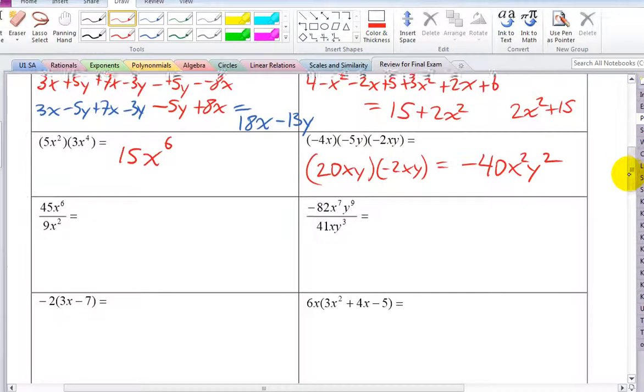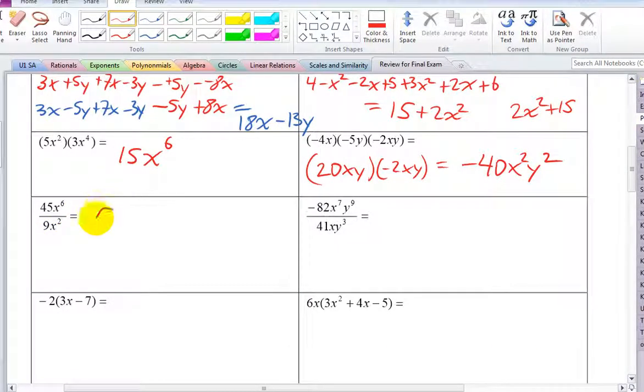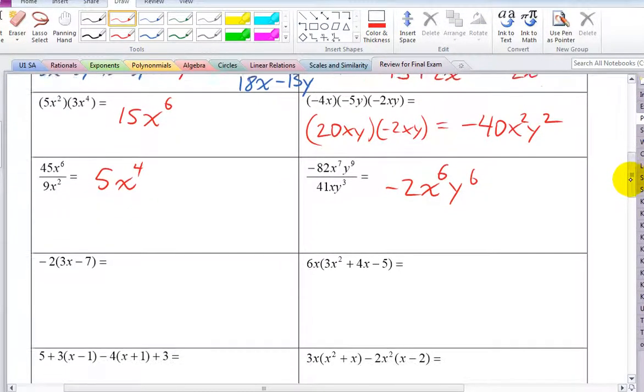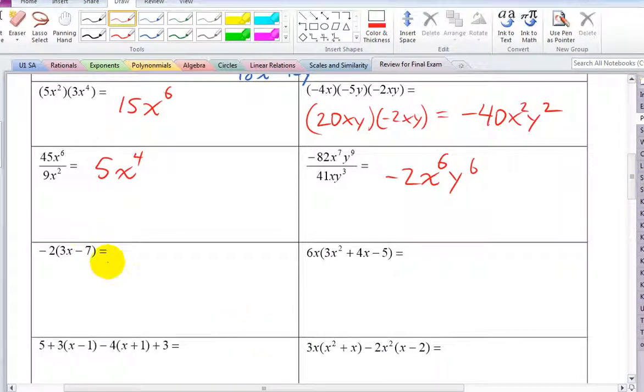Okay. Dividing. So dividing, we subtract our exponents. Divide your coefficients, subtract your exponents. Do these next two questions. Go. Okay, so there's our answers for division.